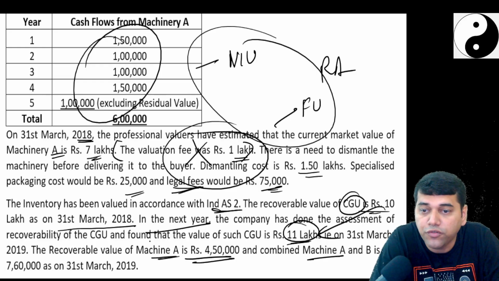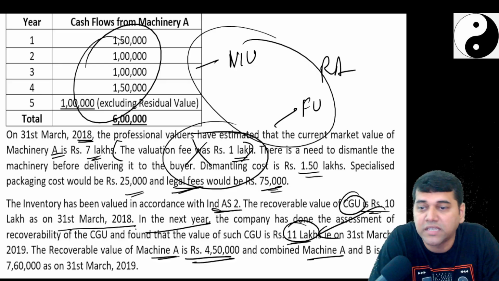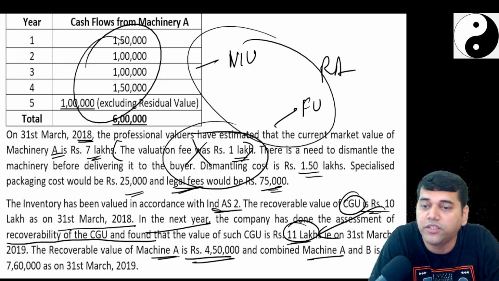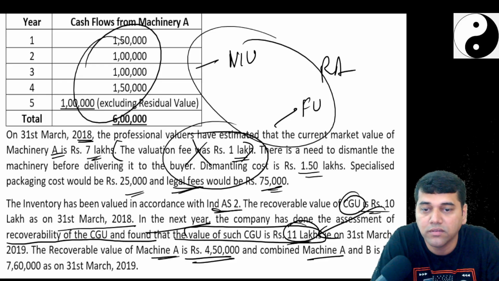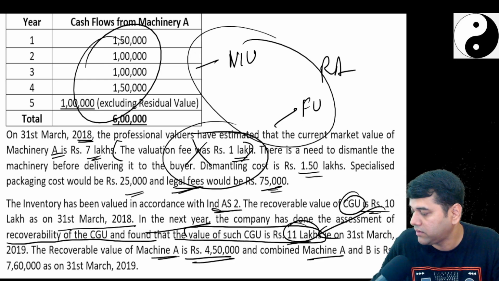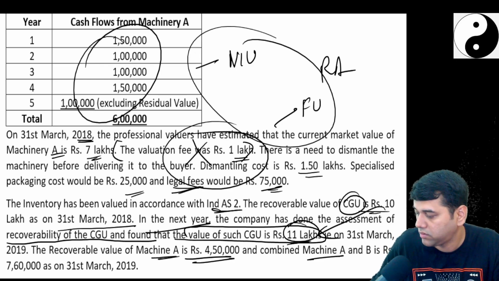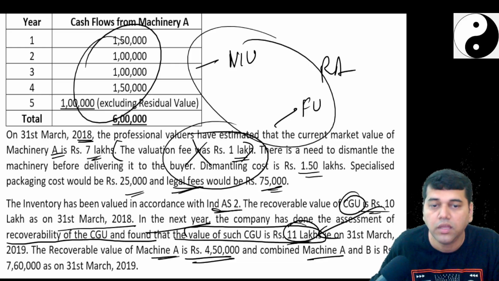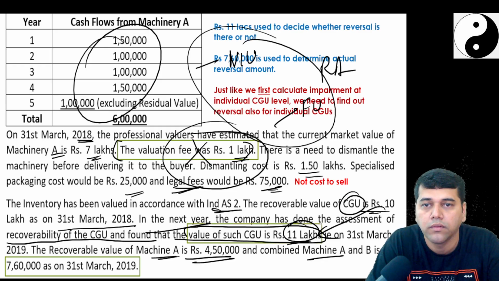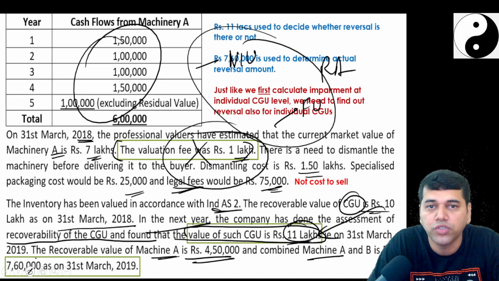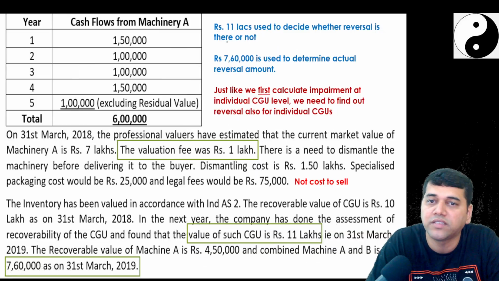Okay, now there is one confusion. The company has done the assessment and recoverability of the CGU and found the value of such CGU is 11 lakhs. What is this? How did you get 11? Yeah, we will check this, what this number is all about. 11 lakhs is used to decide whether there is a reversal or not.